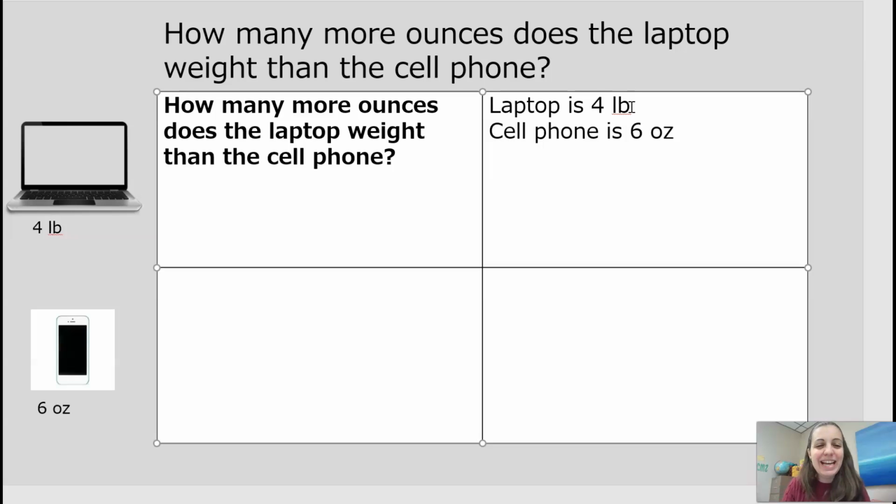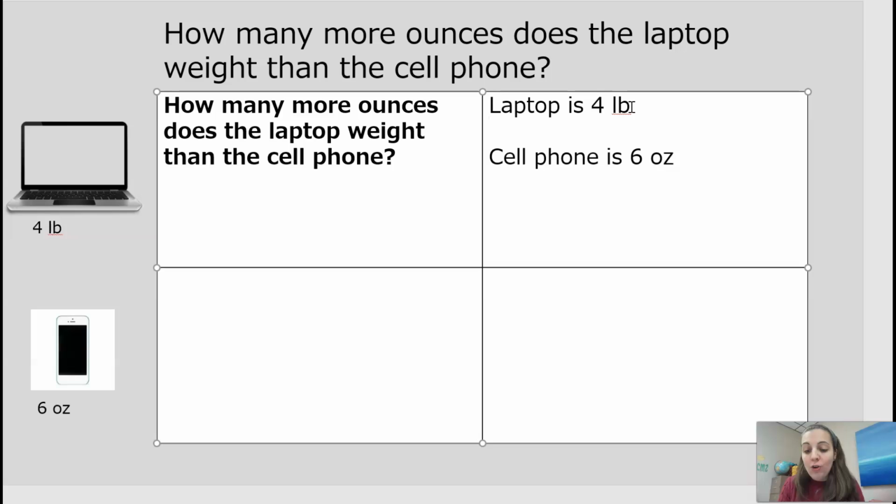Okay? So I need to know 4 pounds equal how many ounces? I have a blank here.